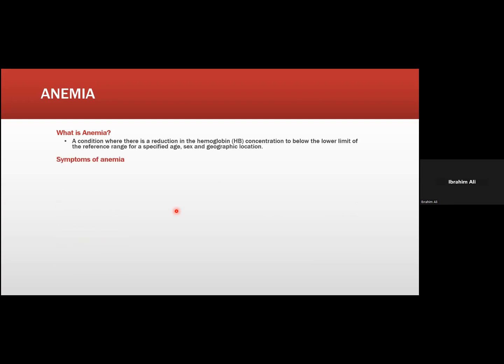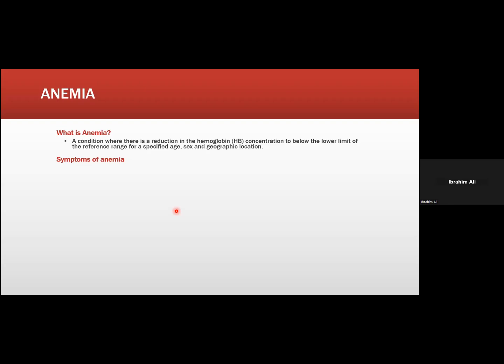For example, in a low altitude, like the coastal area, a patient with a slightly low HB doesn't mean they are anemic. But in the high altitude, like the Mount Kenya region, if they have a slightly lower hemoglobin, that means they have anemia.